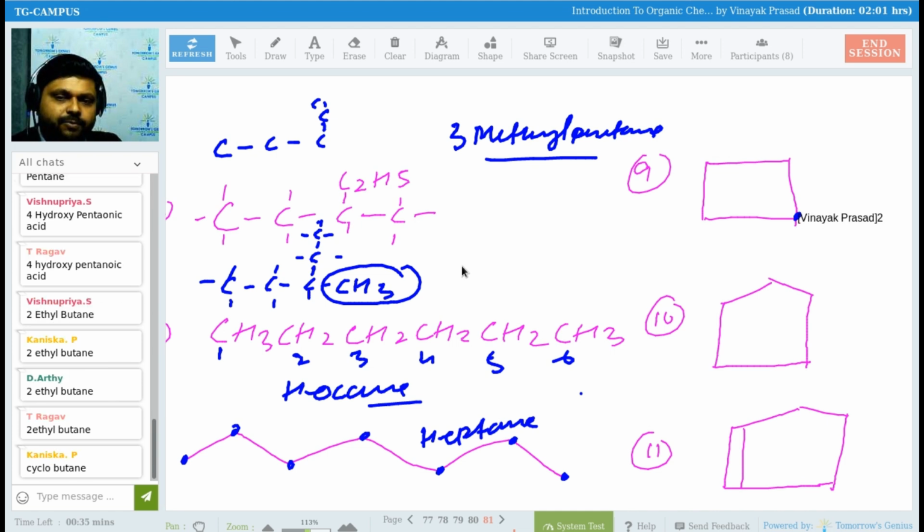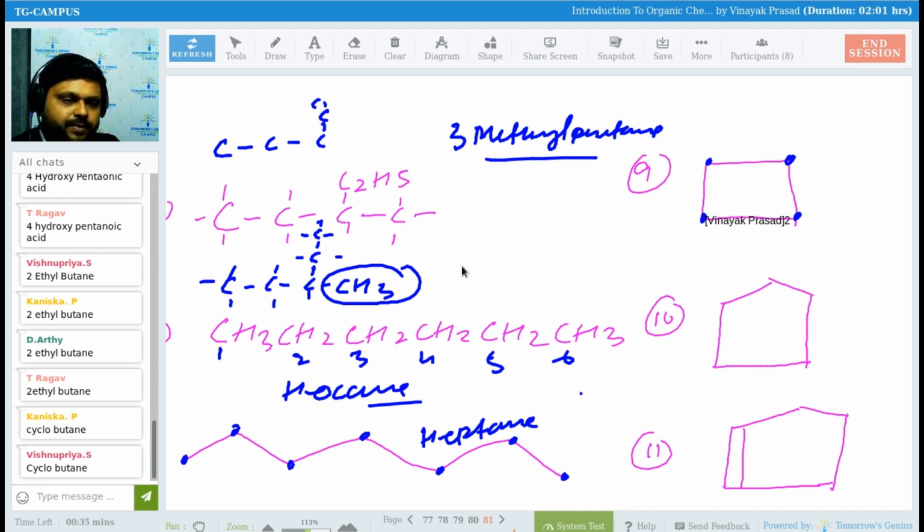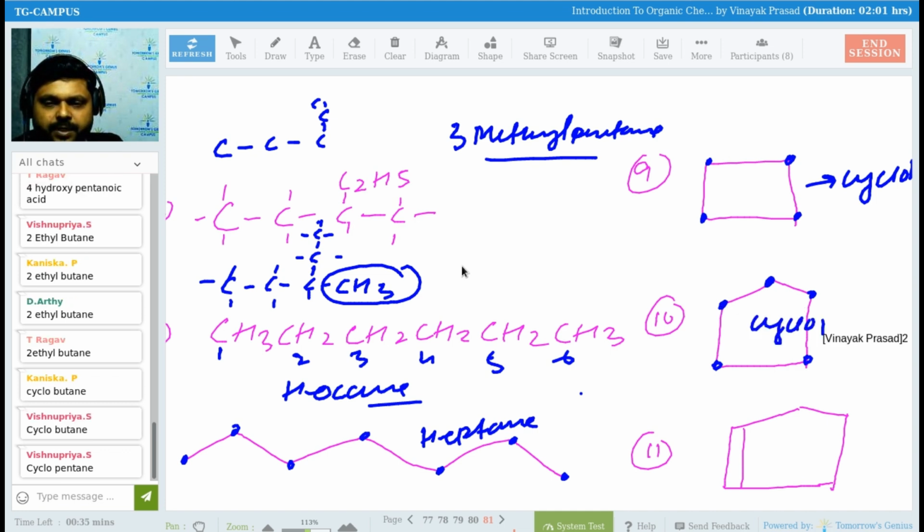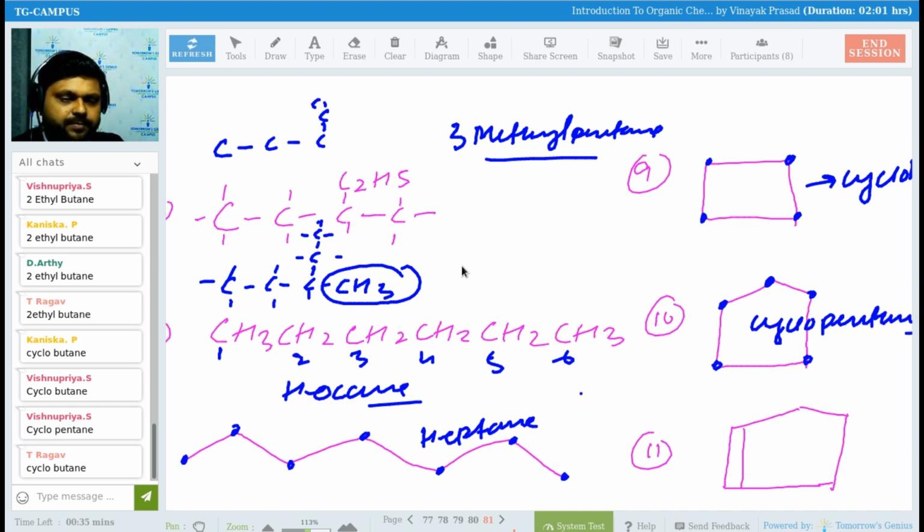See, carbon number 1, carbon number 2, carbon number 3, carbon number 4. So it is nothing but cyclobutane. Right? This is carbon number 1, 2, 3, 4, 5. So cyclopentane. Right?